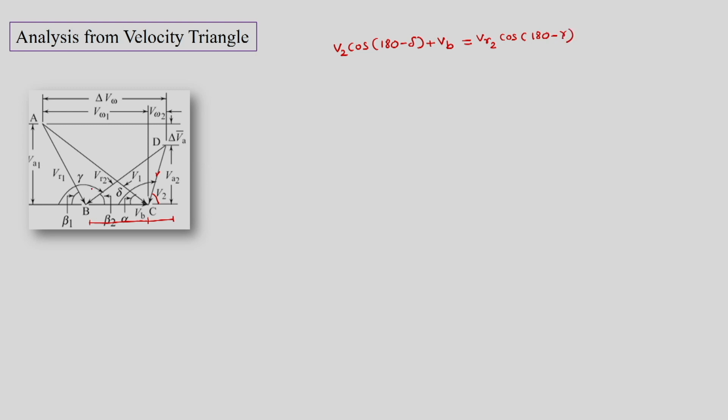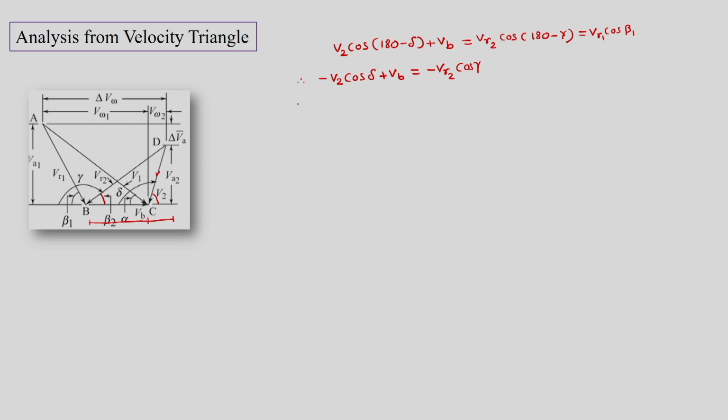Gamma is this angle, 180 minus gamma is this angle, which is like beta 1 in VR1 cos of beta 1. Having said this, we can also write the same thing another way, minus V2 cos of delta plus Vb is equal to minus VR2 cos of gamma.